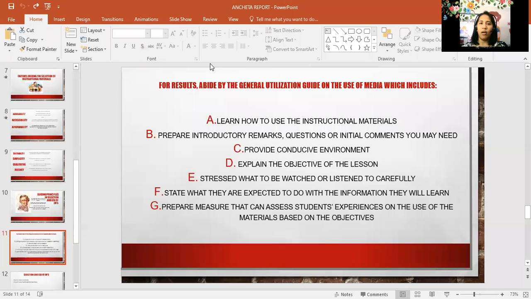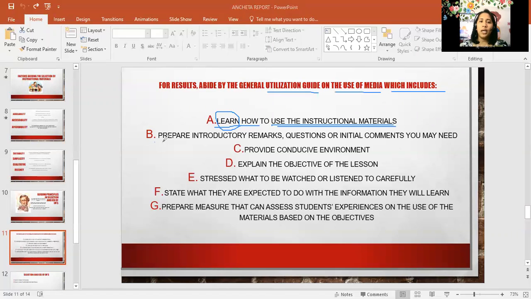This is our general utilization guide on the use of media, which includes, first, we need to learn how to use the instructional materials, of course. How can you use it if the educator or the teacher doesn't know how to use the instructional material? So learn first how to operate.